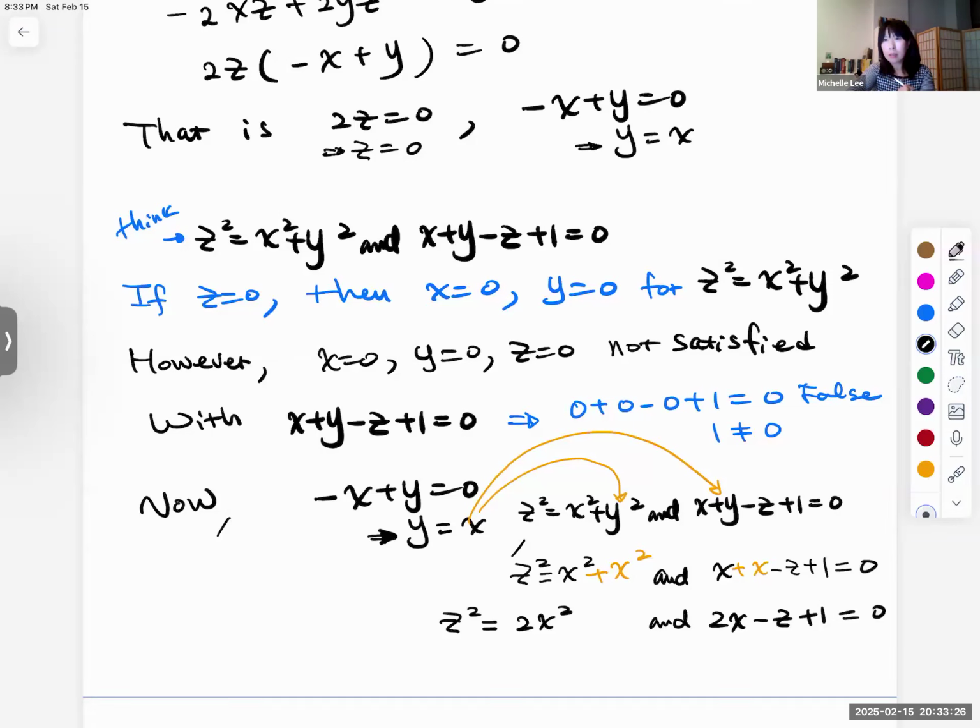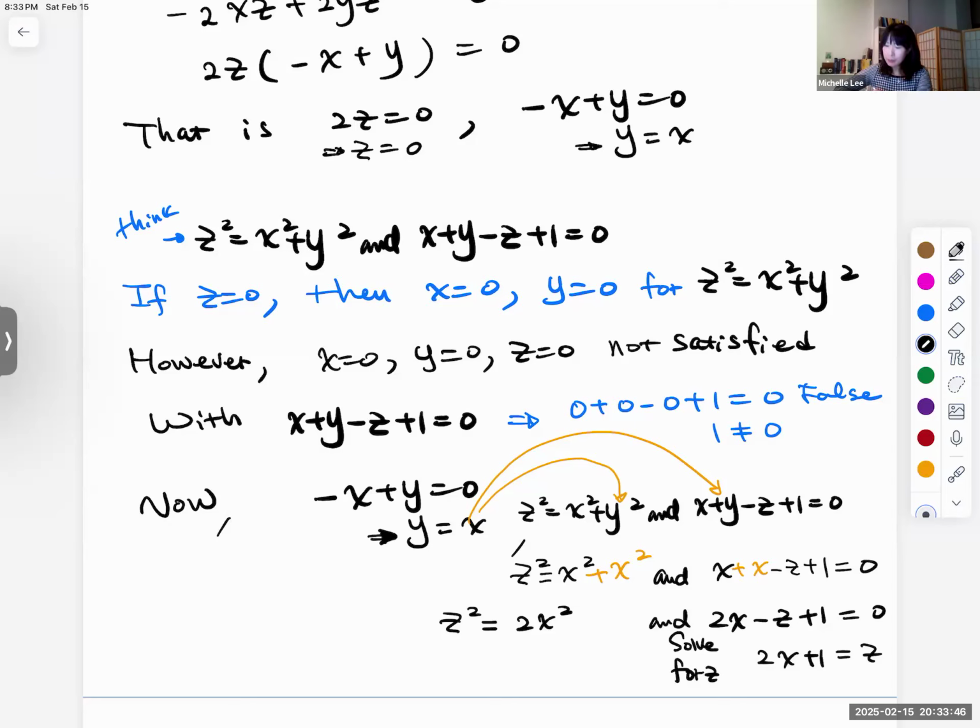Now let's solve for z. We move z to the other side, so z equal to 2x plus 1, right?